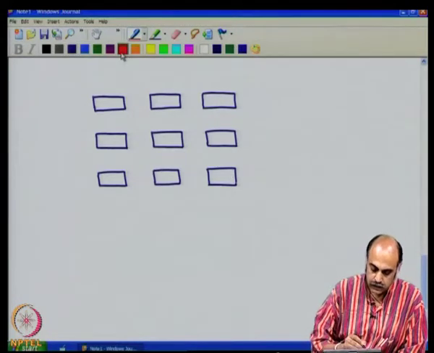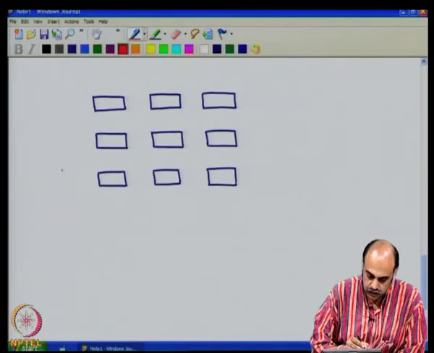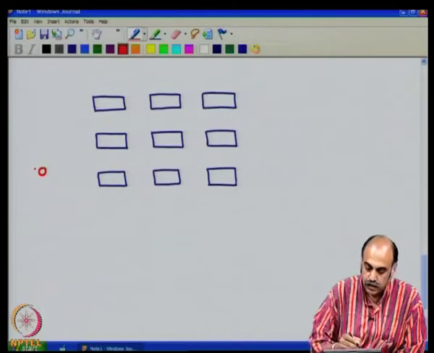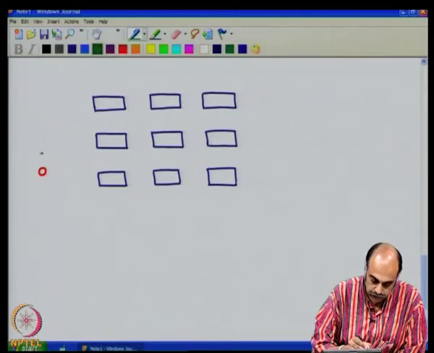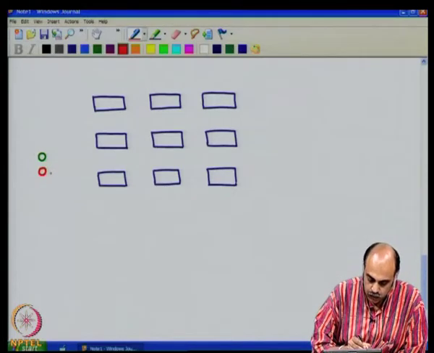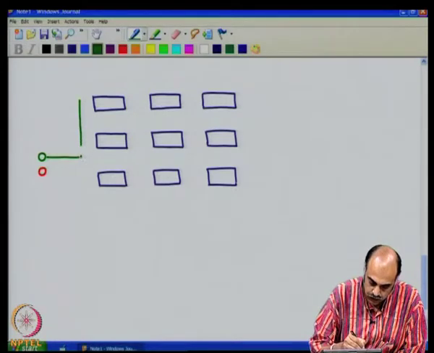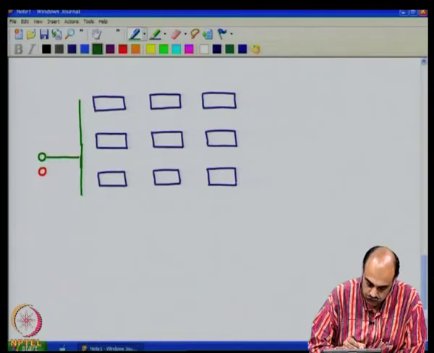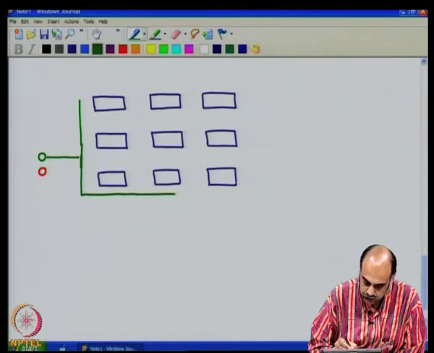Okay, let us say one of the lines could be the supply lines. So, let us say we have the supply connector pin here, ground connector pin here. You could go in this fashion, take the ground, you could route the ground like this.